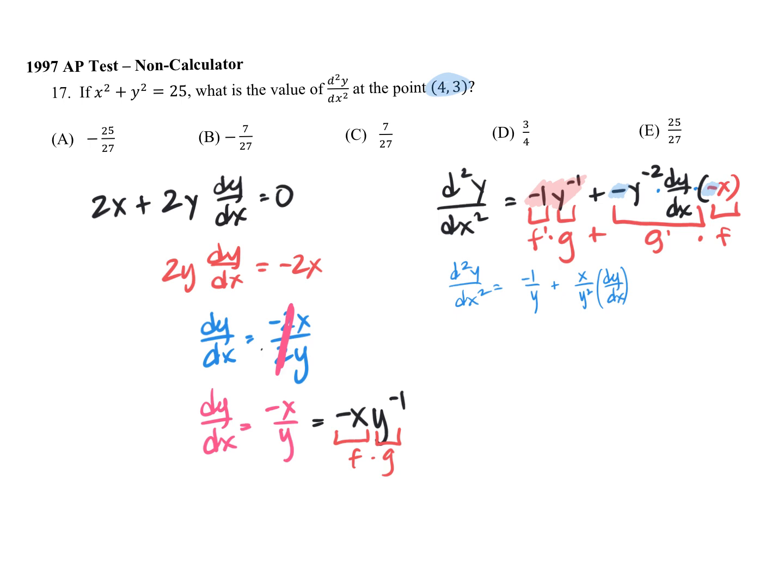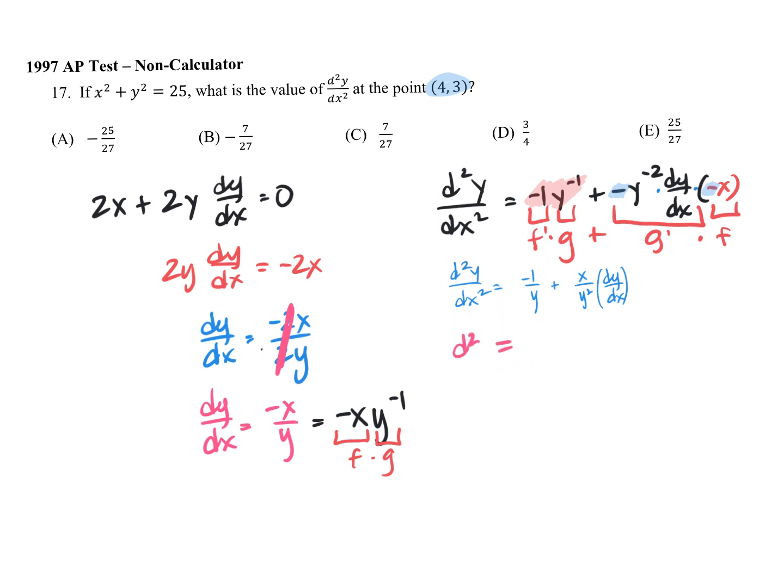Sammy said, couldn't I put in negative x over y for that dy/dx? I agree. Let's go more specific. My x is 4, my y is 3. So couldn't I say dy/dx is actually negative x over y, negative 4 over 3? Yes. So let's plug in some points as we go.